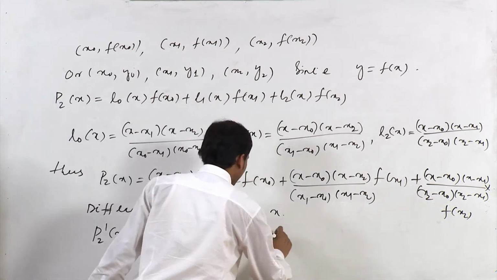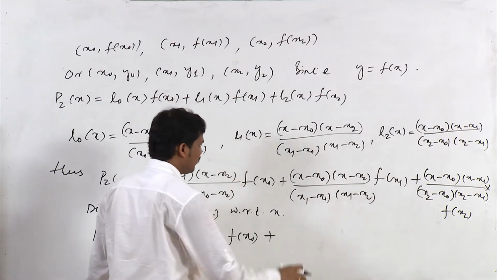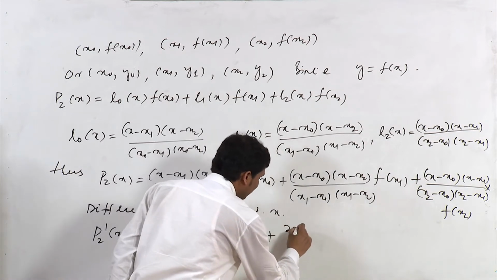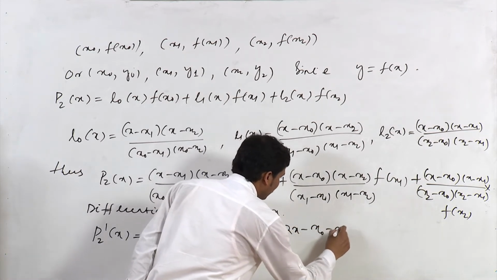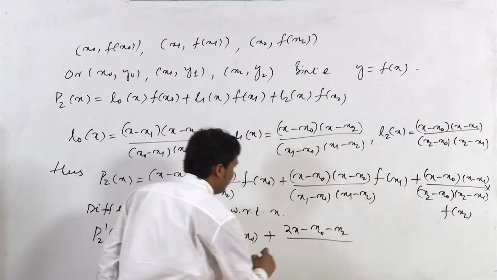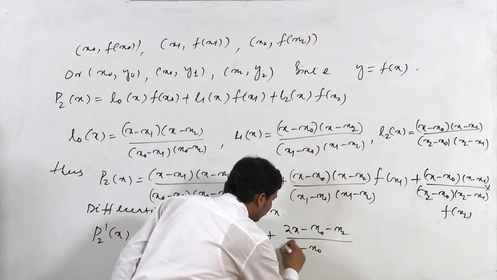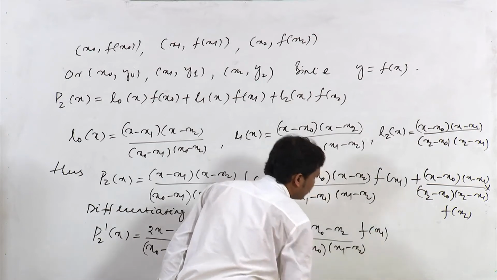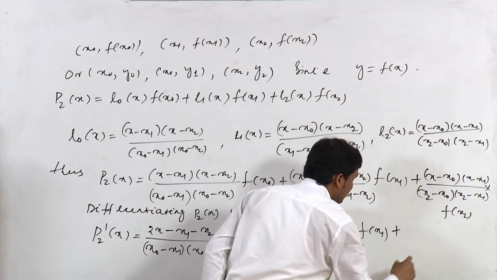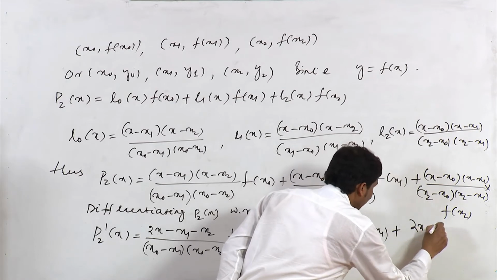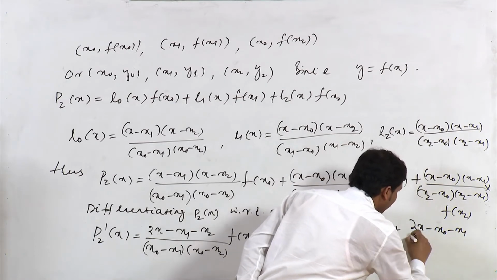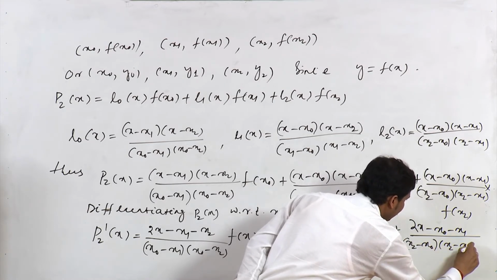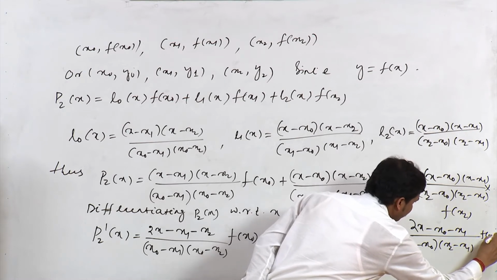So, the next derivative term associated with this P2(x) can be written in the form 2x minus x0 minus x2 divided by (x1 minus x0)(x1 minus x2) f(x1), plus the last term, which when differentiated can be written in the form of 2x minus x0 minus x1 divided by (x2 minus x0)(x2 minus x1) into f(x2).